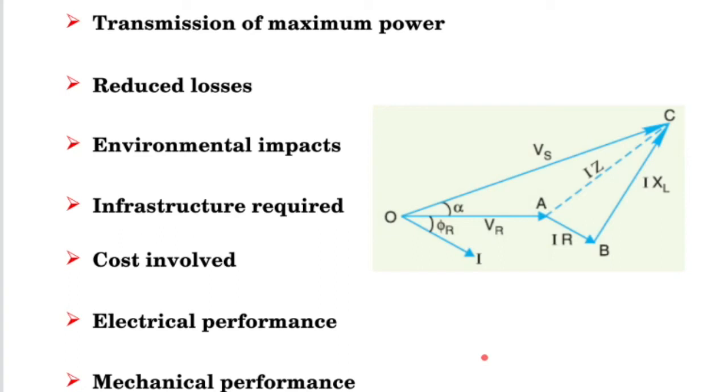However, we don't plan, design and install a transmission line always for transmitting maximum power over it. It's a challenging task like any other task associated with power system operation, monitoring, control, protection, automation, and everything.